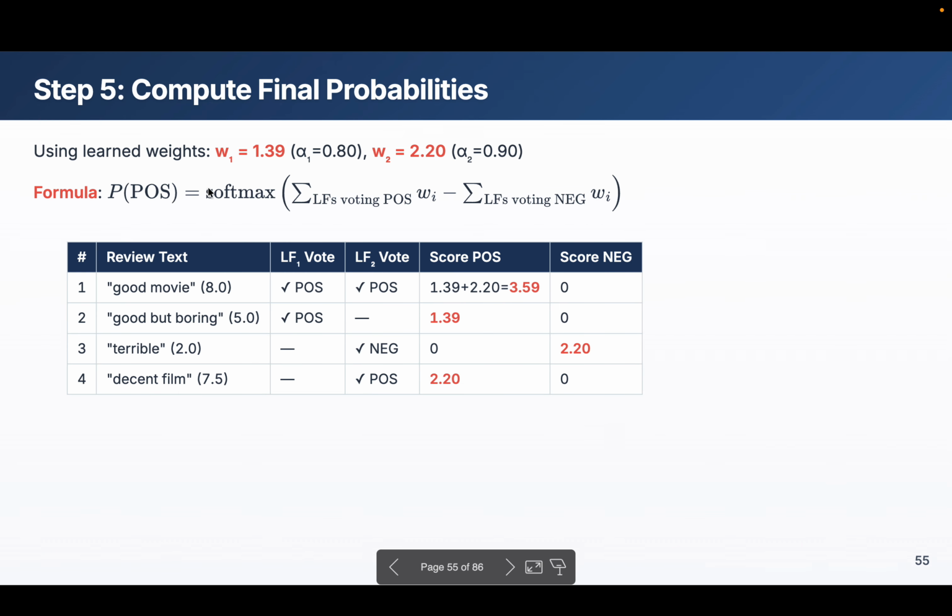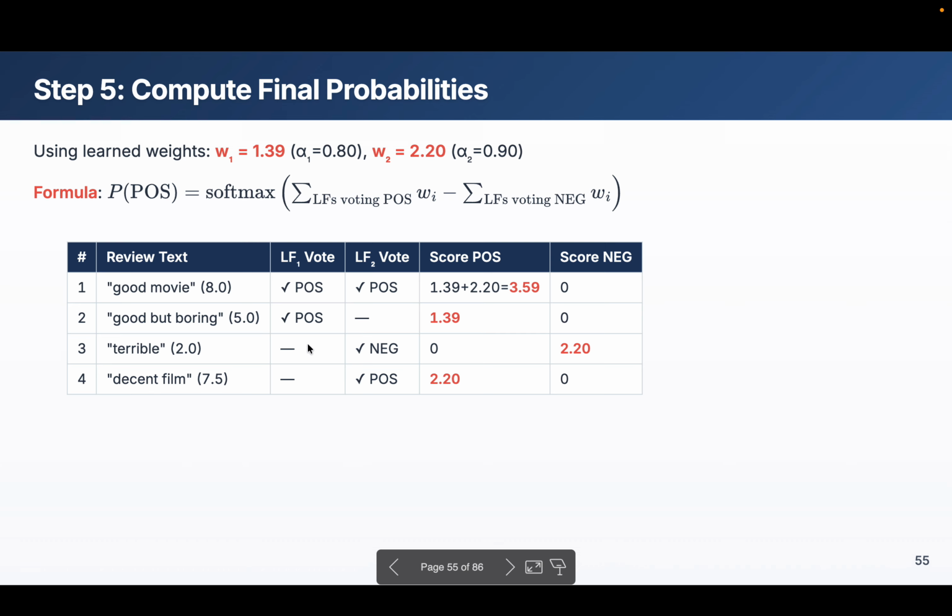So, eventually, if we had this text, good movie with a review of 8, IMDb of 8, LF1 had voted it to be positive, LF2 also voted it to be positive. So, in that case, my W1 was 1.39, W2 was 2.2, I will just add these and my score for negative is 0. Similarly, for good but boring, LF1 voted it to be positive, LF2 did not vote, my score for positive is 1.39 and score for negative is 0.